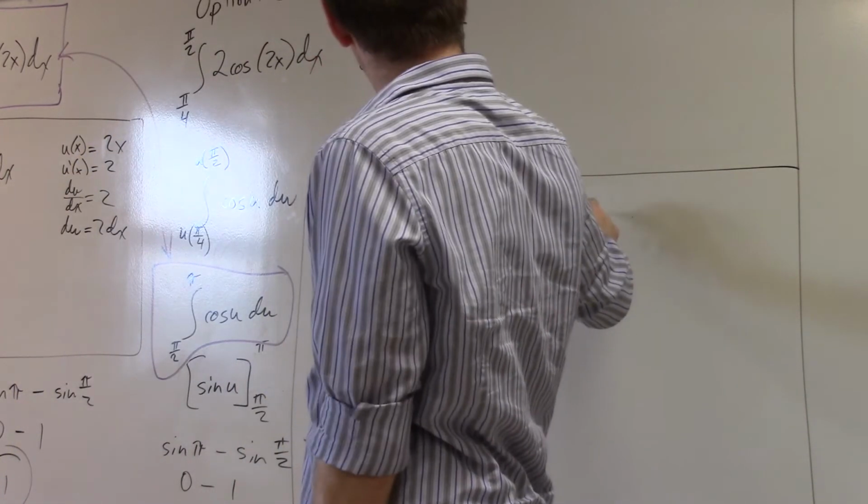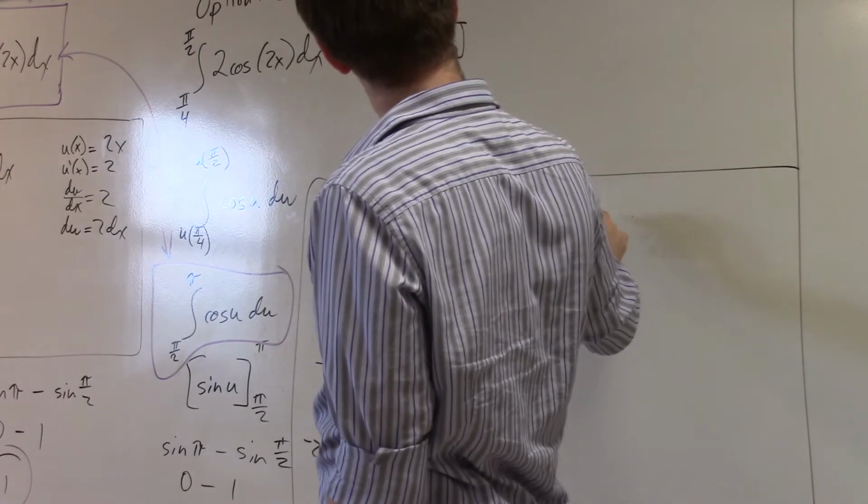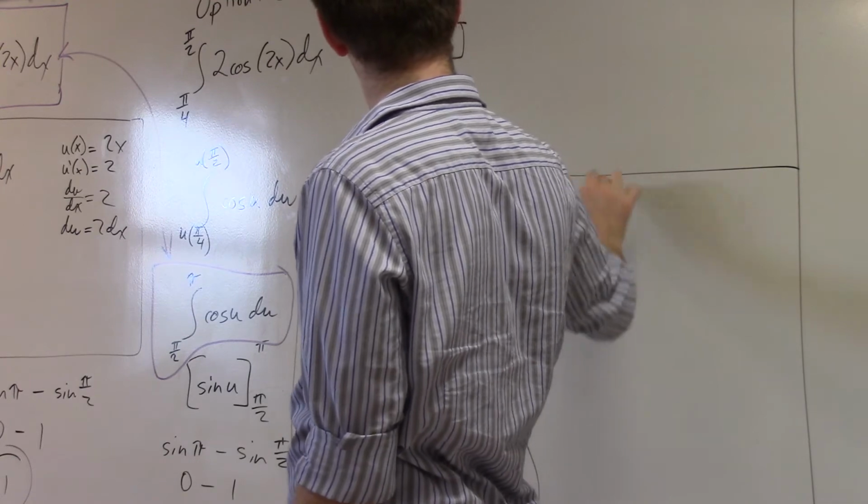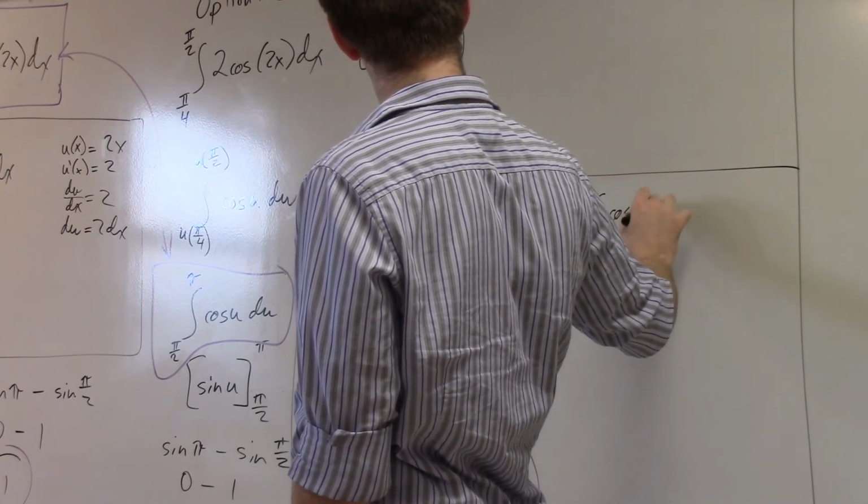What I'm now going to make, please, or maybe you should make it: please make a visual depiction of the integral from pi over 2 to pi of cosine u du.